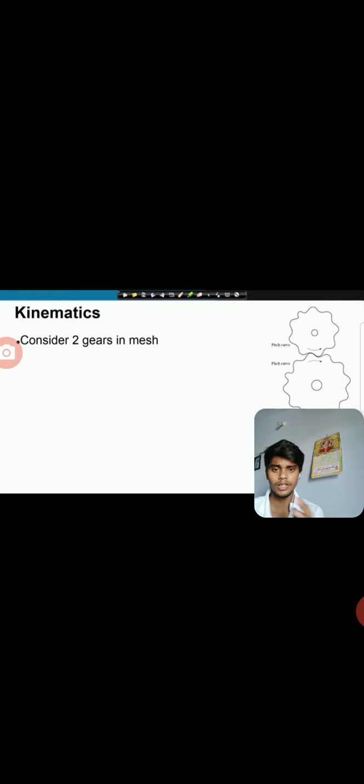So let's consider two gears in mesh and try to understand the motion transmission ratio. Let us say gear 1 has N1 teeth and gear 2 has N2 teeth. Let us consider the number of teeth which come in contact in the contacting zone.